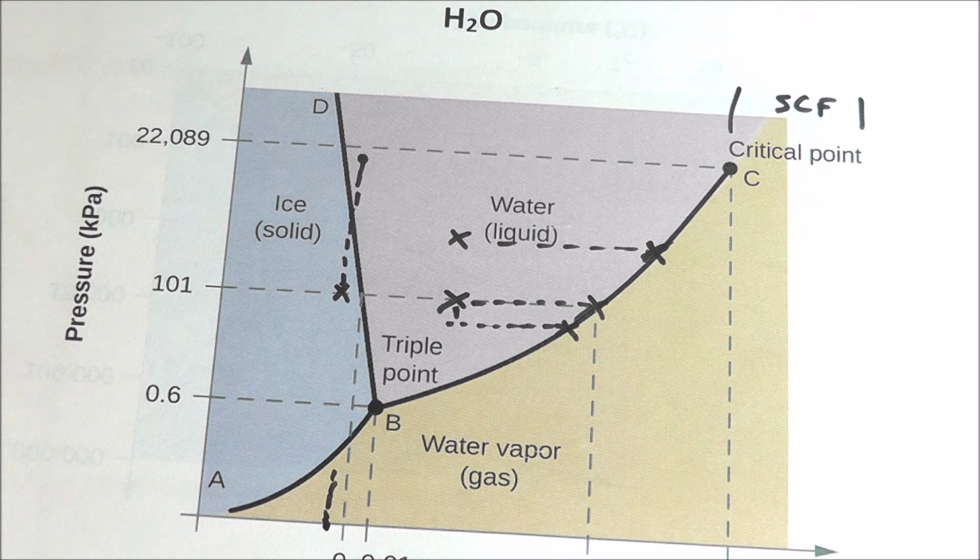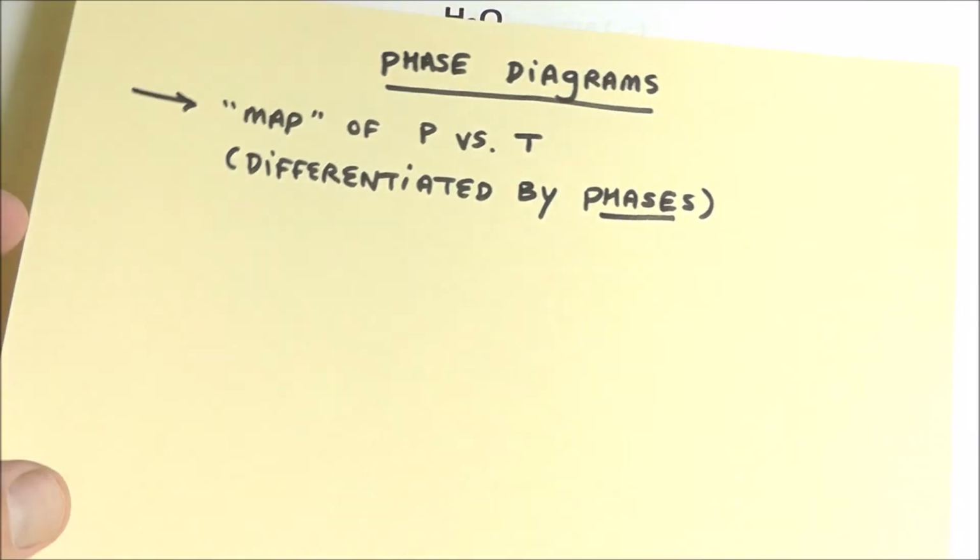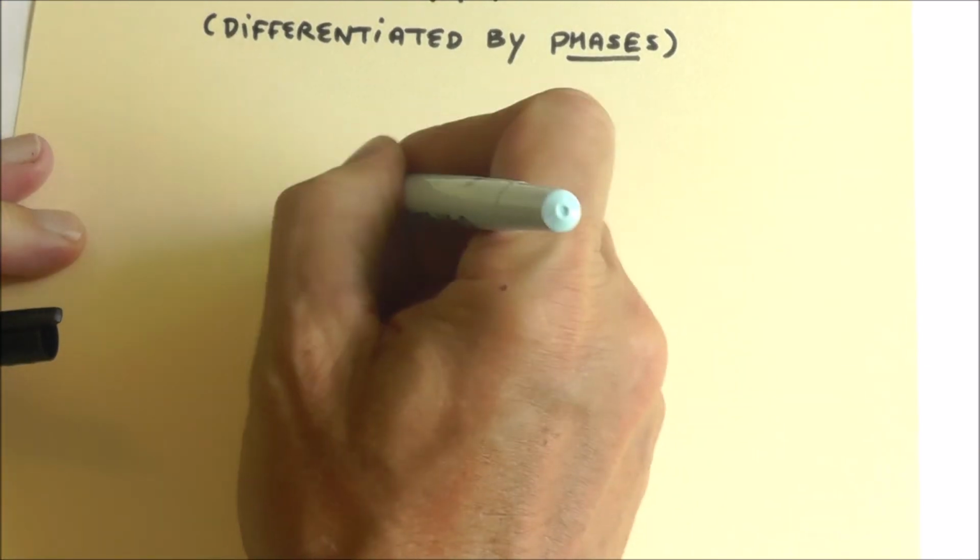So get acquainted with phase diagrams, and here's what I'm going to do next. As our last thing, I'm going to pull out of the homework problems carbon. So let's think about carbon.